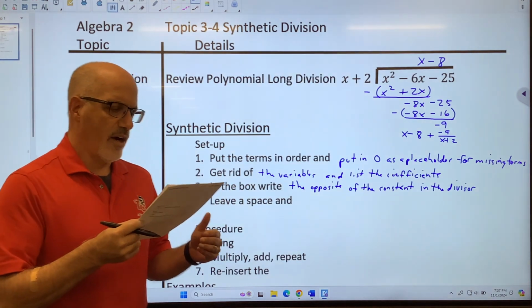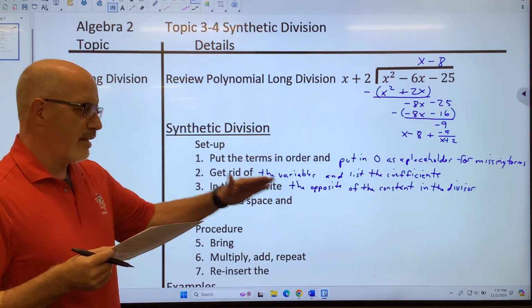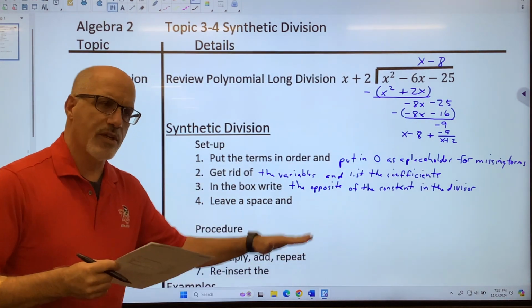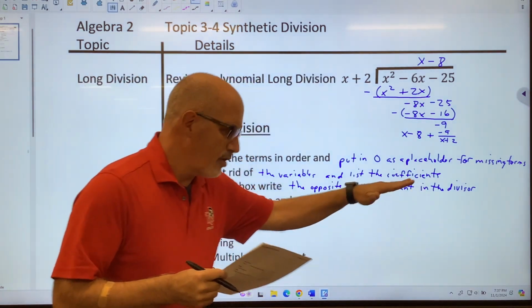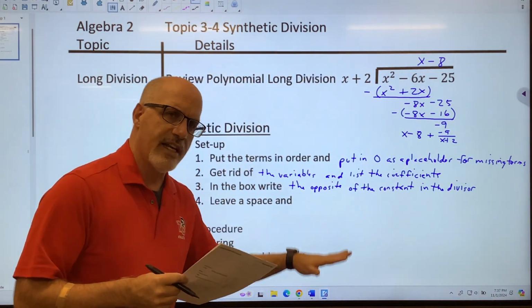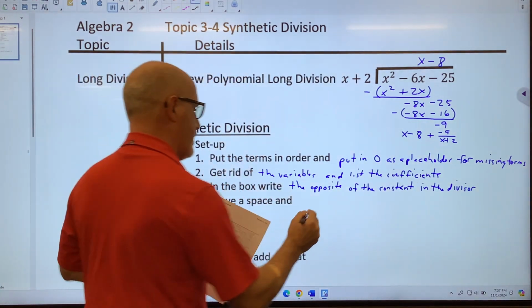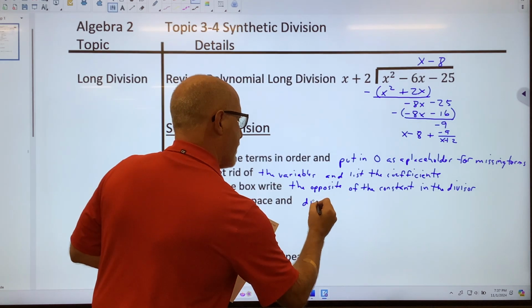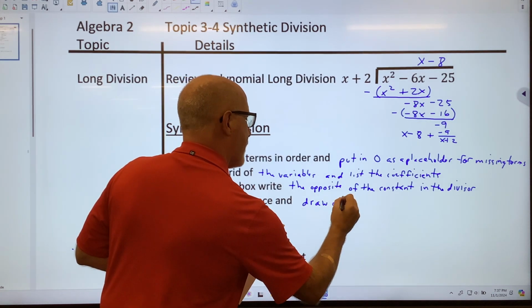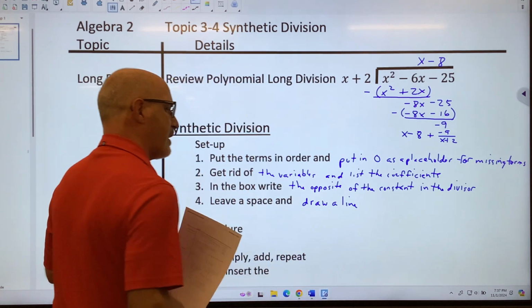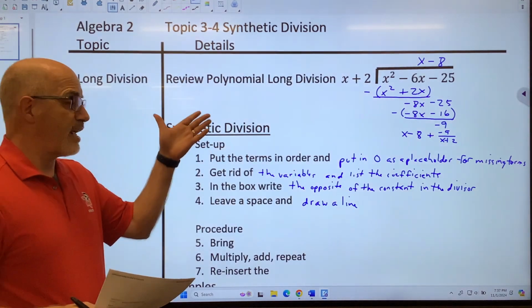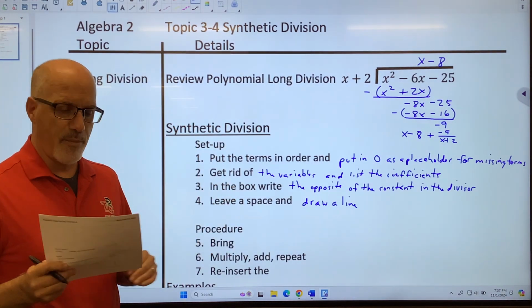All right, now the next thing is you're going to be leaving a line space. So there's going to be a line of numbers. You'll leave a space line here and then draw a line. So I'll show you what that looks like in a couple moments. So that's how you set it up. That's to get the problem ready.